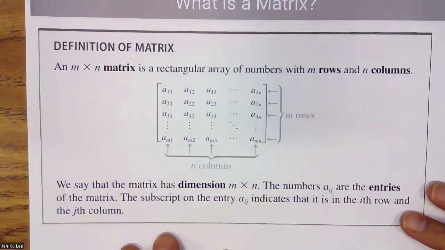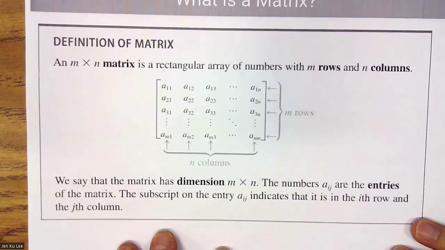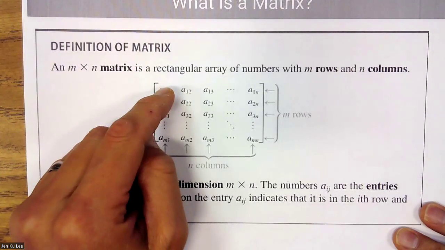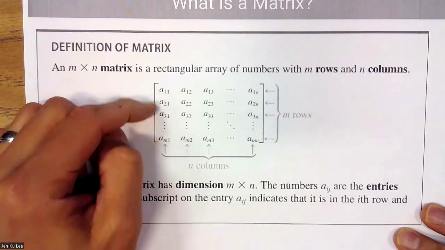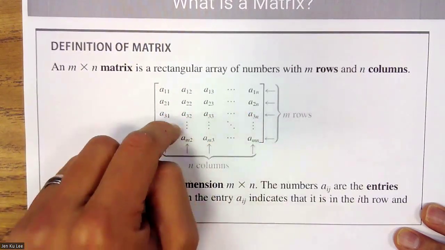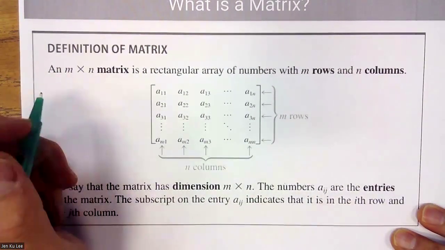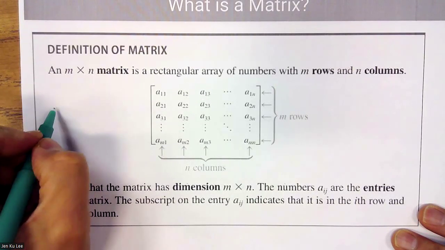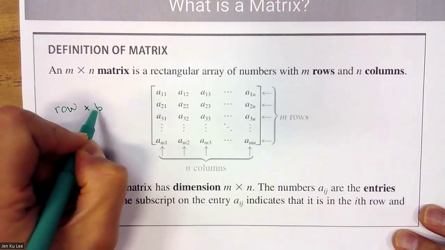A matrix is just an array of numbers with a number of rows, going up and down, and a number of columns, going side to side. We label it by going row by column.